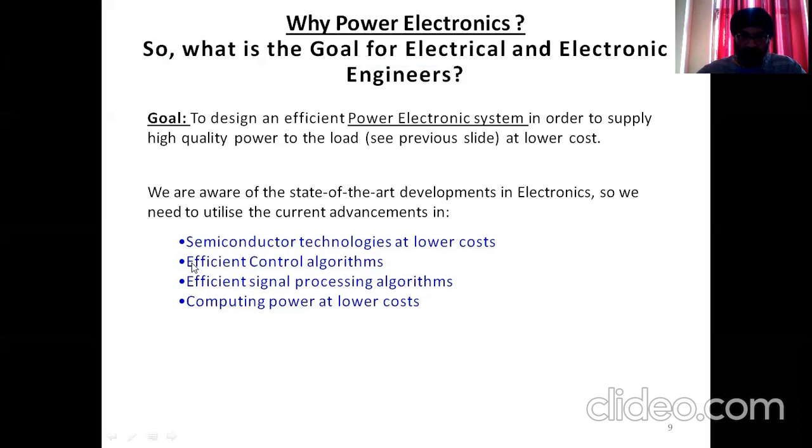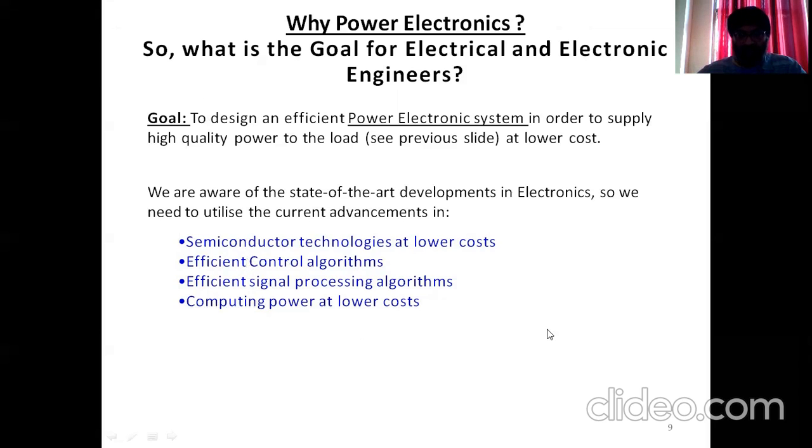So if we use semiconductor-efficient control and signal processing algorithms, they should not consume so much power and should not indulge in losses or power losses. Then it means that we have already saved the efficiency and we have already achieved our goal. So these are possible.